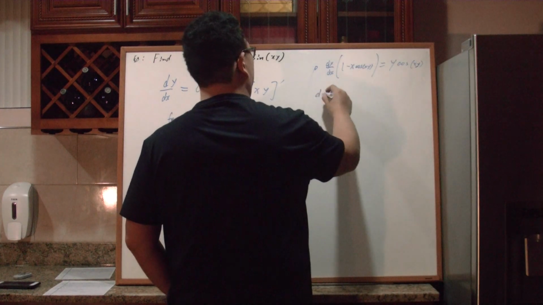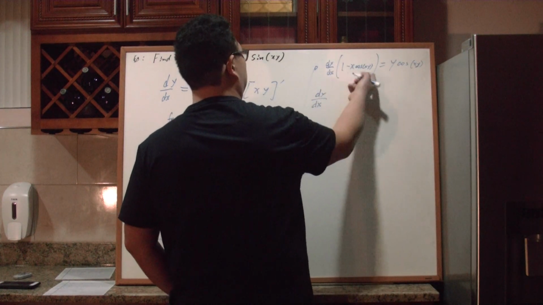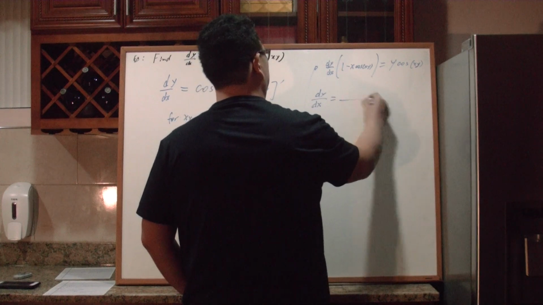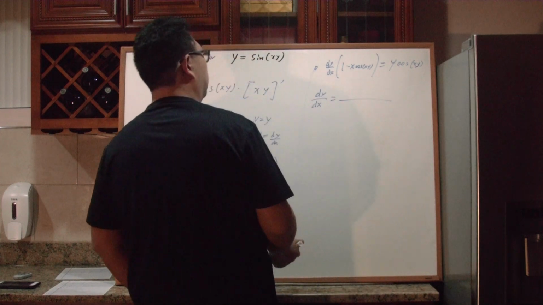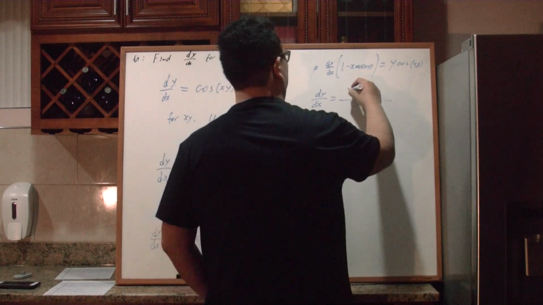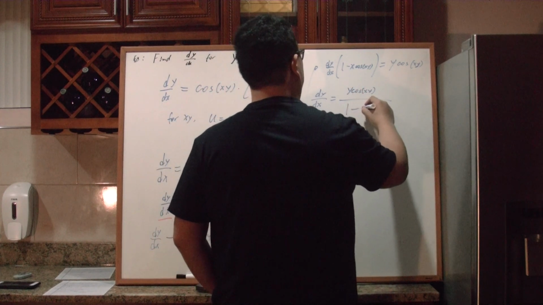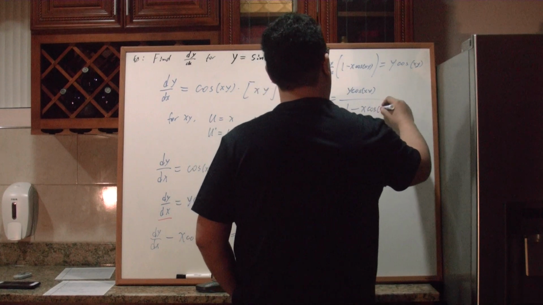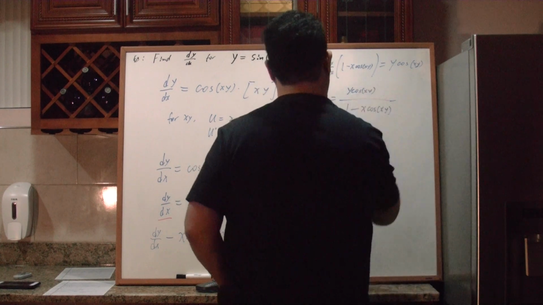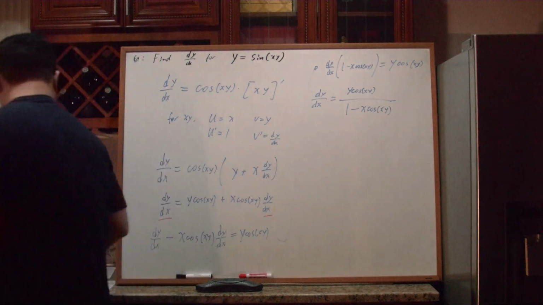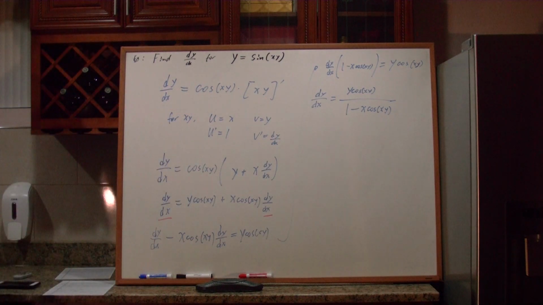Then finally for dy over dx, we just divide by the coefficient of dy dx on both sides. We have y cosine xy on the numerator over 1 minus x cosine xy. Or simply we get dy dx as this expression.